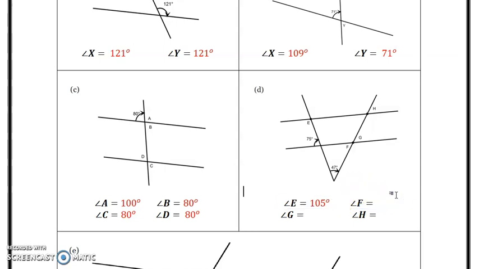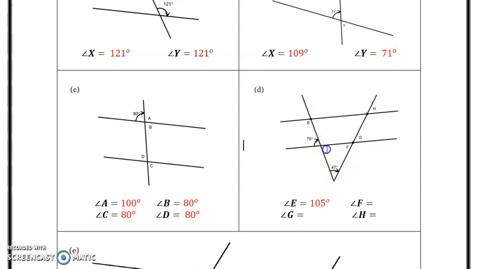Next, we can find F. The reason we can determine F is that this angle right here, across from the 75, they're called transverse angles. So we know this would be 75. To determine angle F, three angles in a triangle add up to 180.